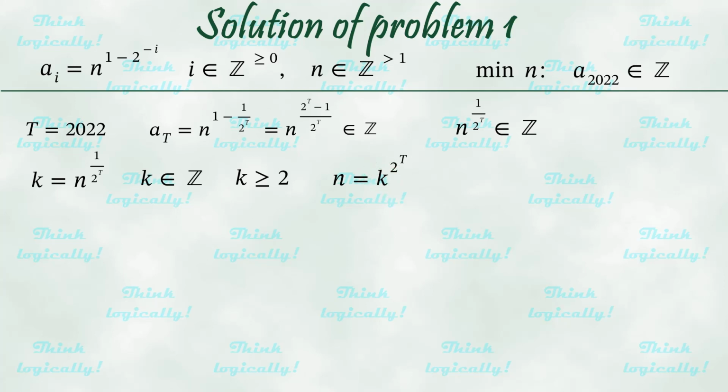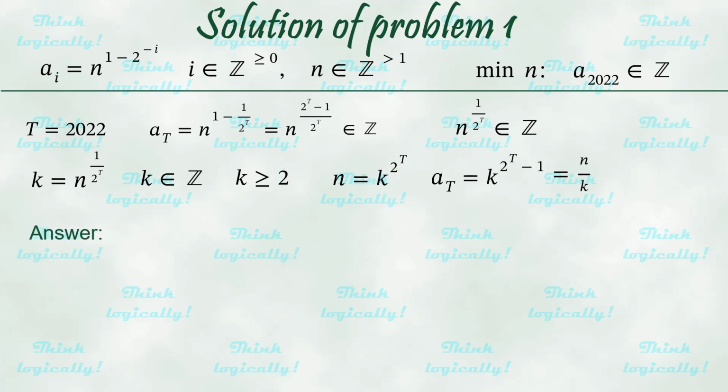Now we can also express the value of a sub t in terms of k. a sub t equals k to the power of 2 to the power of t minus 1. We see that a sub t is indeed an integer, and it is exactly k times less than n. Since the power function with a positive exponent is increasing, the lowest value of n is obtained when k equals 2.